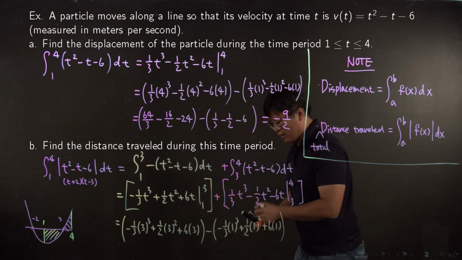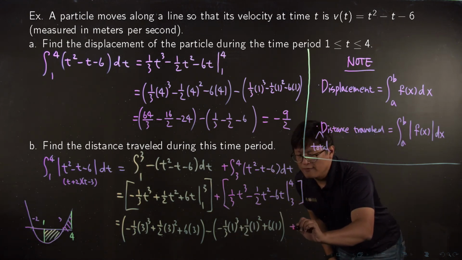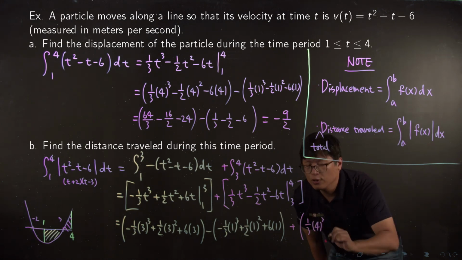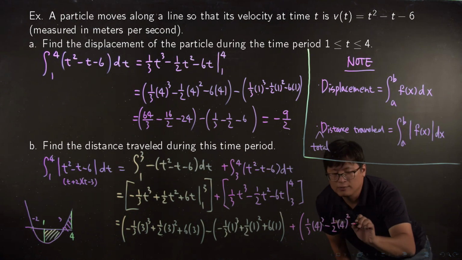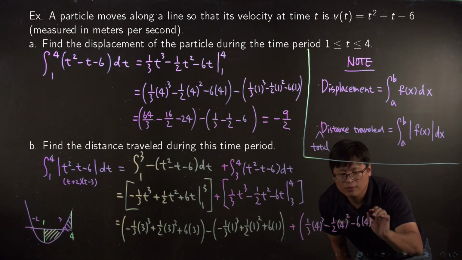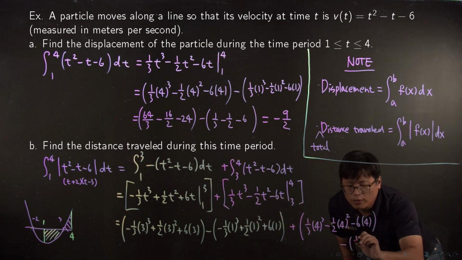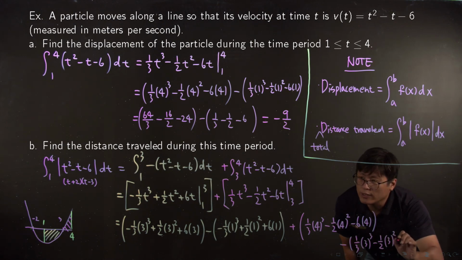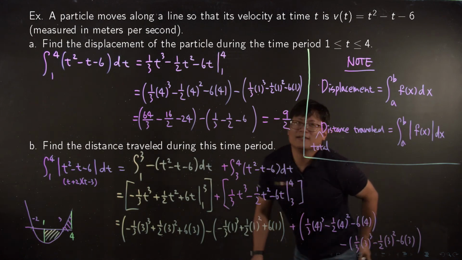That's it for the first part, okay? What about the second part? Plus, plug in 4 first: 1/3 times 4 cubed minus 1/2 times 4 squared minus 6 times 4, and then minus the very last part, plug in 3 there: 1/3 times 3 cubed minus 1/2 times 3 squared minus 6 times 3. That's it. Okay.